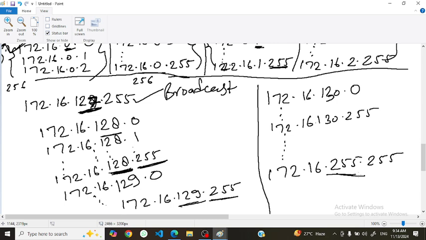Okay. Is it clear for everyone? Class B and class A subnetting is not easy as compared to class C. I know it. Anyone who has a doubt?